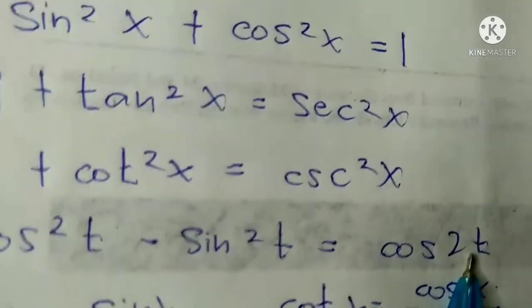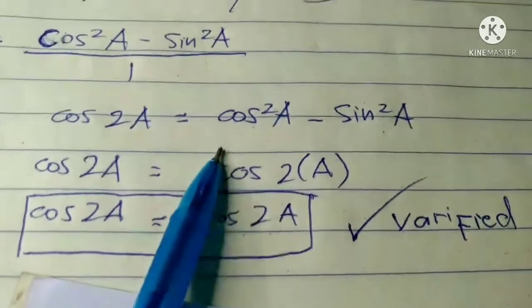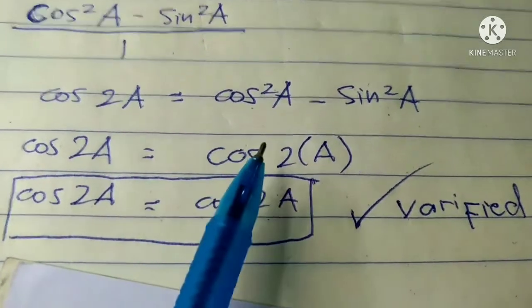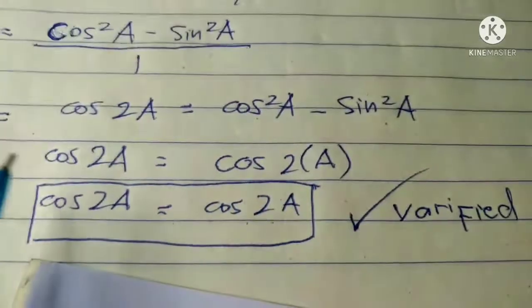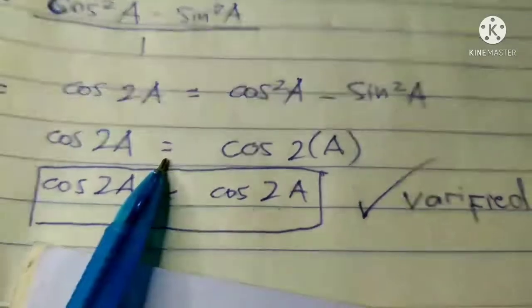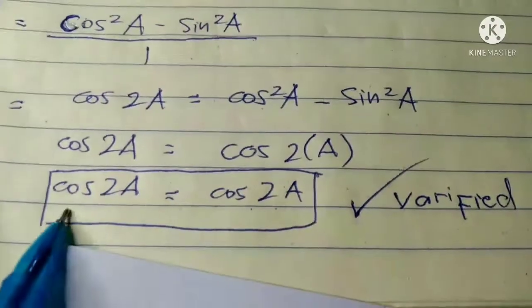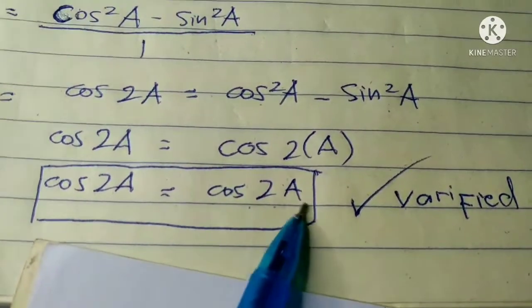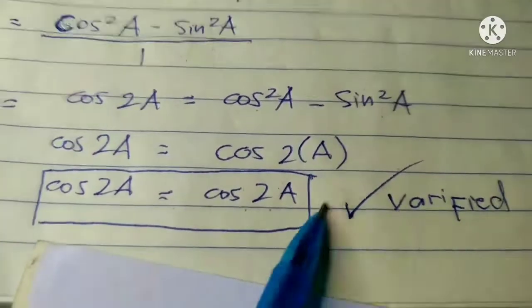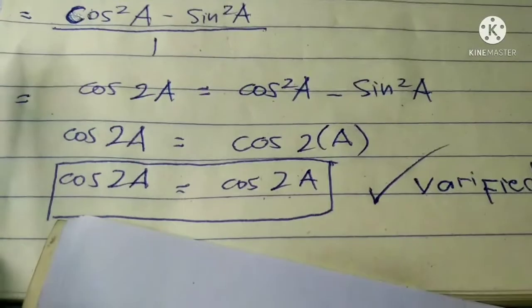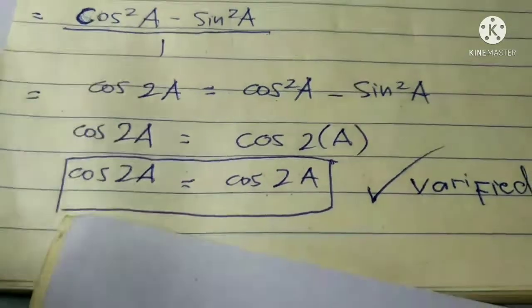So our t here is A. So we can say that cosine 2A is equal to cosine 2A. So they are now the same. So we can say they're equal, and it is verified that it is an identity.